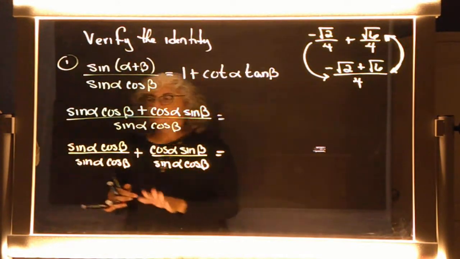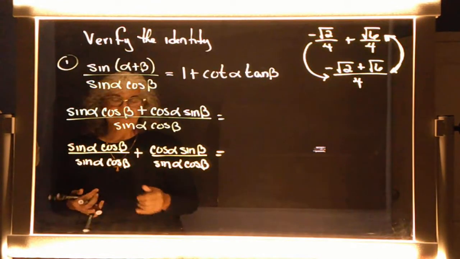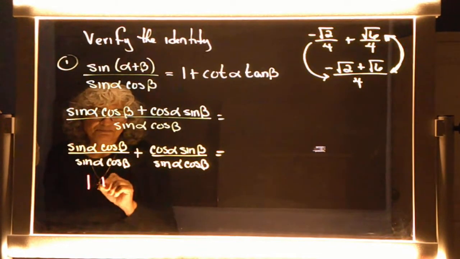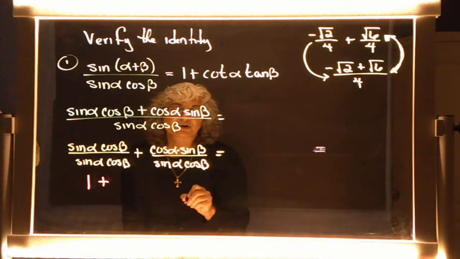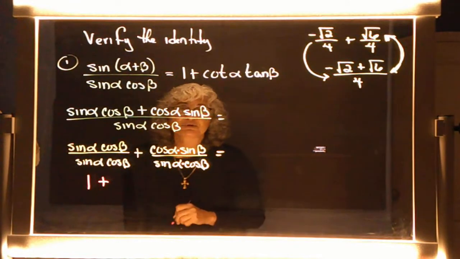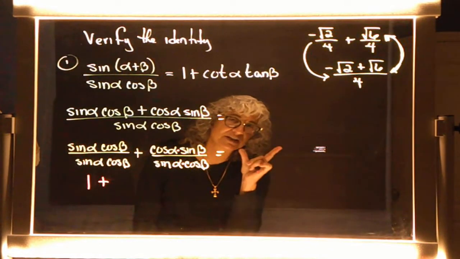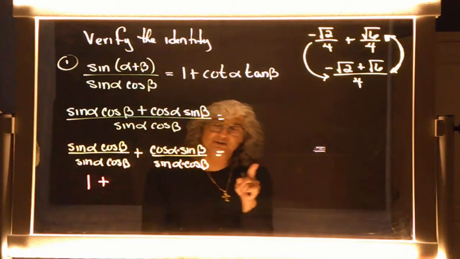So now check it out. This first fraction, the numerator and denominator are exactly the same, aren't they? Yeah, so that's just a 1, isn't it? Now over here, on the numerator I have a multiplication problem. On the denominator I have a multiplication problem, right? So do I have to keep these together, or can I look at them separate? Good, you can look at them separate. So here's how I'm going to look at them.